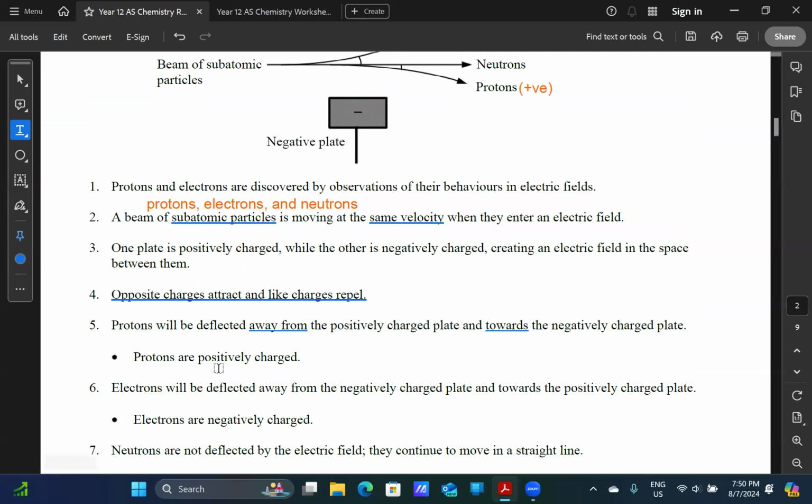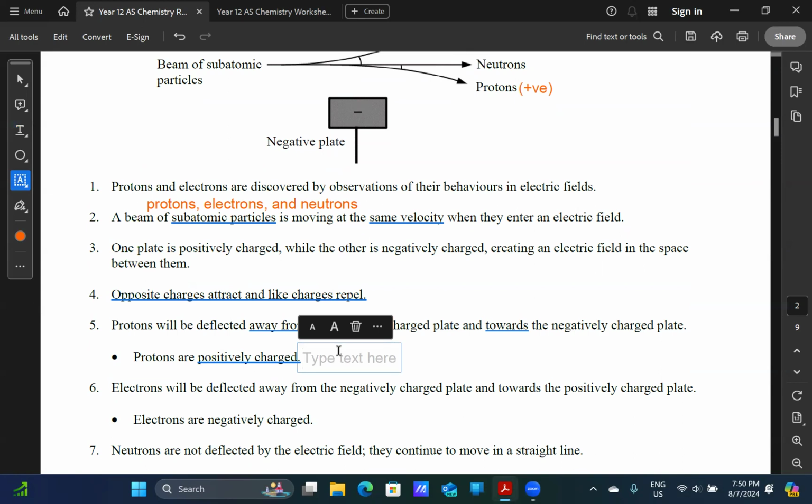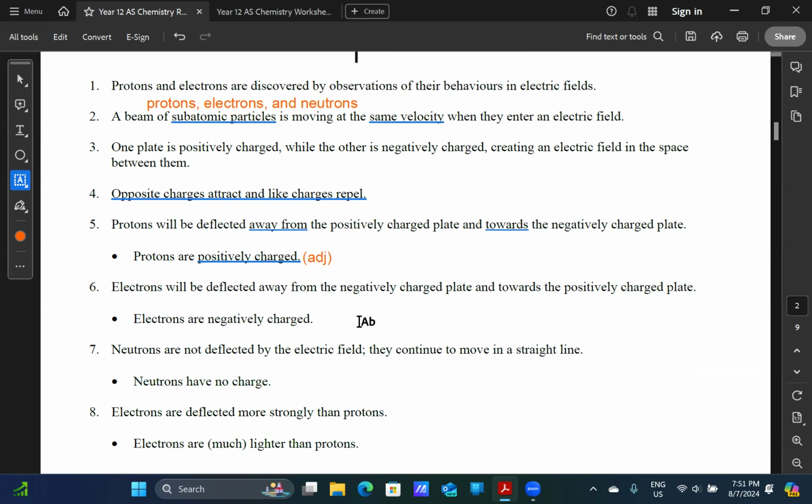When you see this positively charged, this phrase is an adjective to describe the charge carried by the proton. Please use the correct spelling. ADJ means adjective. If you change to charge, it's a noun, a different meaning. It carries different meaning. Please take note.